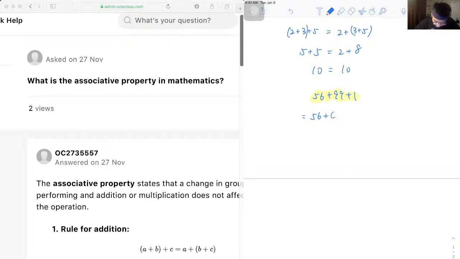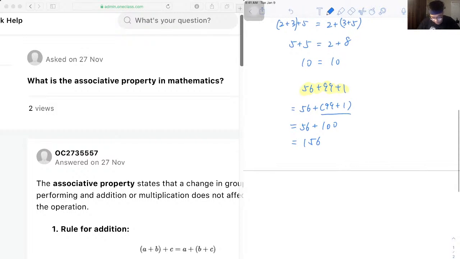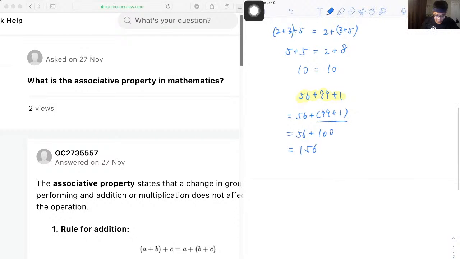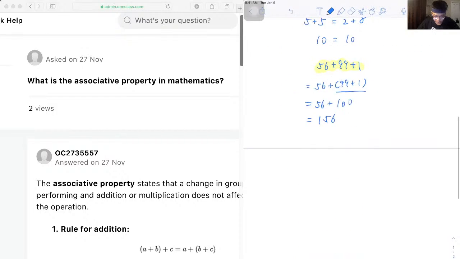We group 99 and 1 first, because 99 plus 1 is just equal to 100, which is way easier than calculating 56 plus 99. So we have 56 plus the sum of 99 plus 1, which is 100, which gives us 156. That's a technique you can use when you do your own calculation. So that's all we have for the rule for addition.